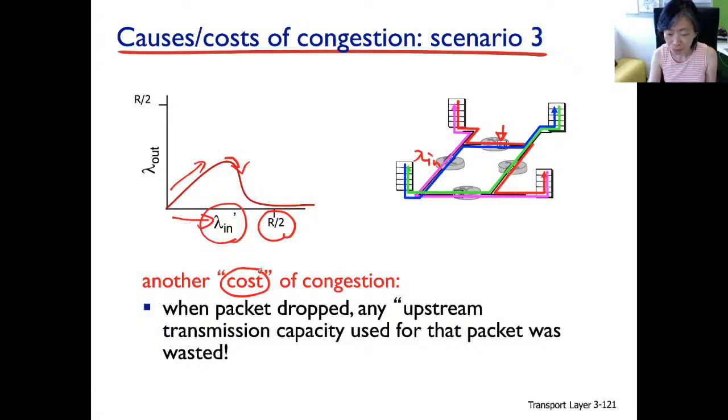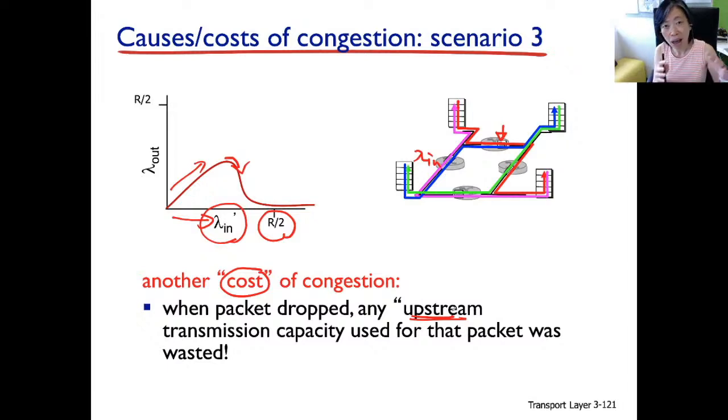Because what? The bandwidth that is transmitting these packets when they're traveling upstream, it's all wasted. The amount of waste is actually not quite comparable to retransmission or unnecessary retransmission. Those are probably very small. Therefore, in the lambda in and lambda out plot we saw earlier, the margin is very small.